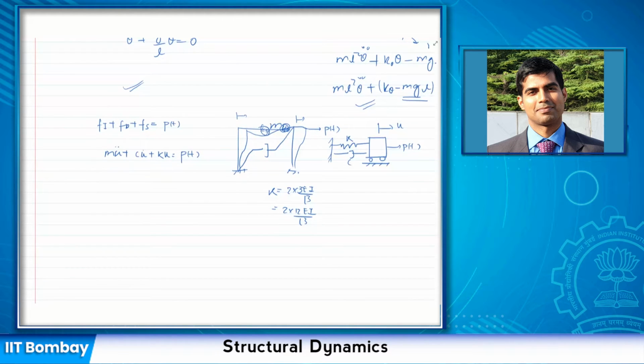Another way to say it: if at equilibrium gravity was being balanced by some spring force, then you do not need to consider gravity, because the initial gravity load would be cancelled by the initial spring force. So that's an offset, and you can neglect it in further equations. Keep that in mind, because I often see students including the gravity term where it is not required. You need to be very clear on that.